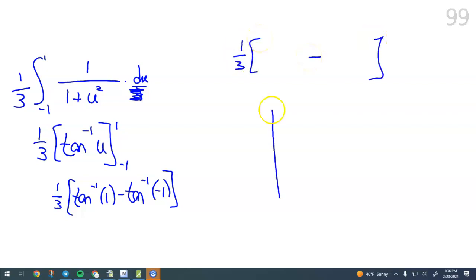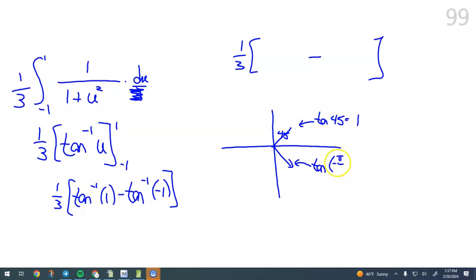So with the unit circle, when you are at 45, aren't the sine and cosine the same value? They're both root 2 over 2. So right there, I know tan of 45 equals 1. And then down here, this would be negative pi over 4.